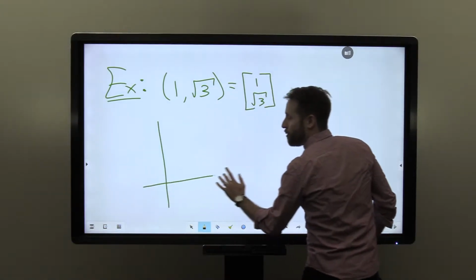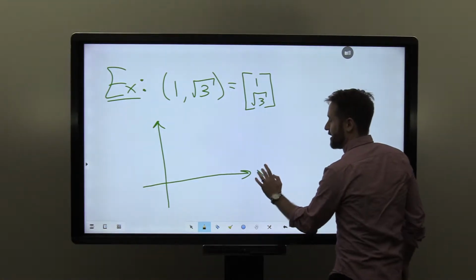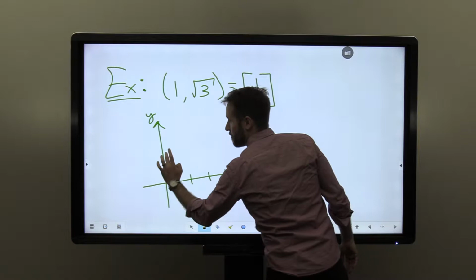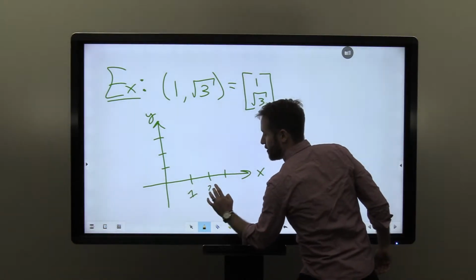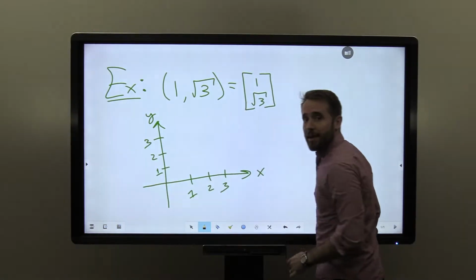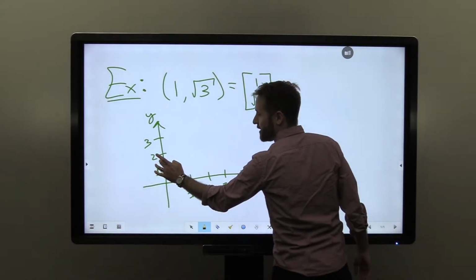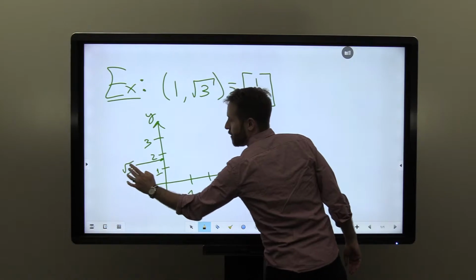So we'll use these two notations interchangeably, and what this vector represents can be one of two things. It can represent a point in two-dimensional space. So here's my xy plane. This is 1, 2, 3, this is 1, 2, 3, and the square root of 3 is somewhere between 1 and 2. It's approximately right here on the y-axis.